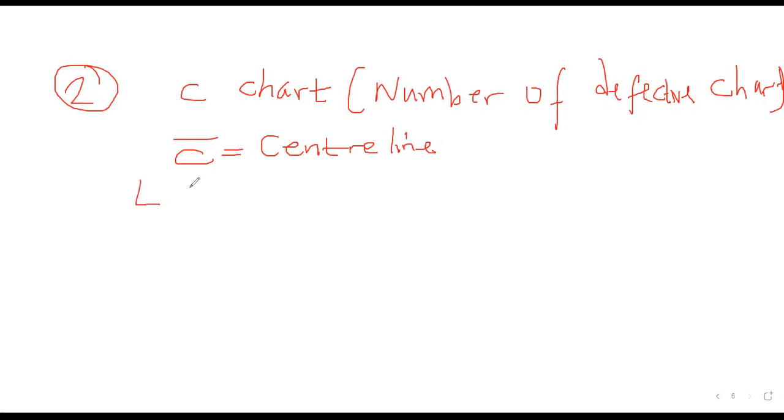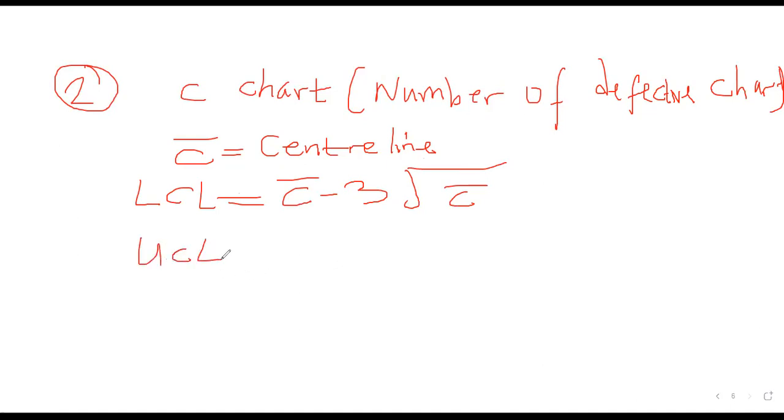The lower control limit is equal to C bar minus 3 times the square root of C bar. Then the upper control limit is equal to C bar plus 3 times the square root of C bar.